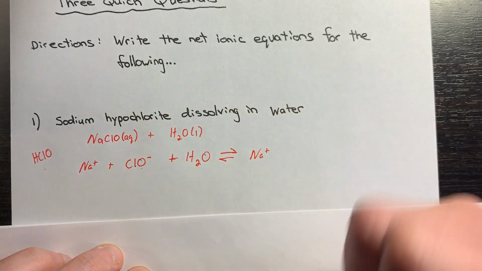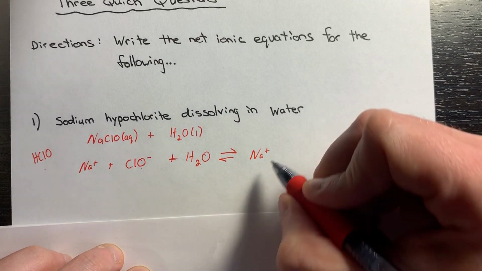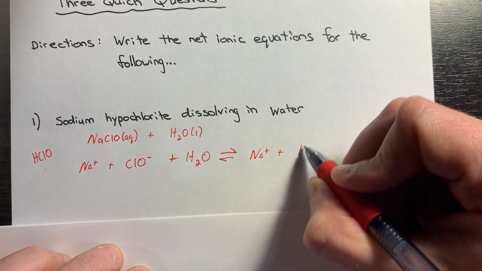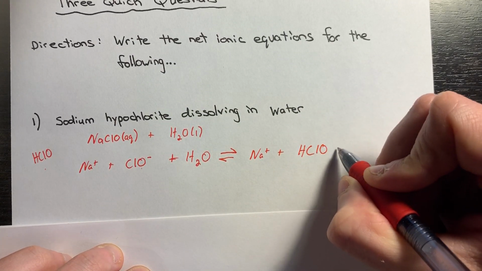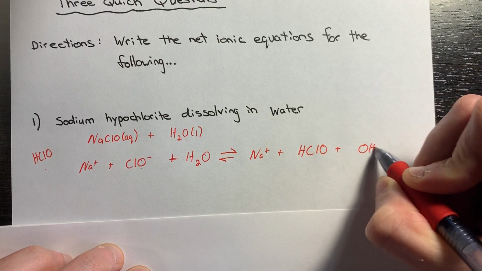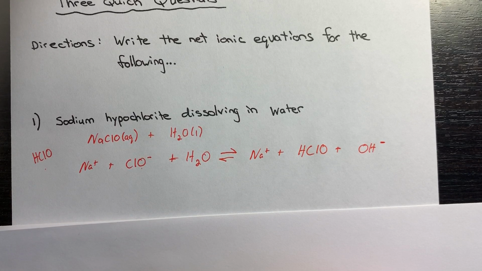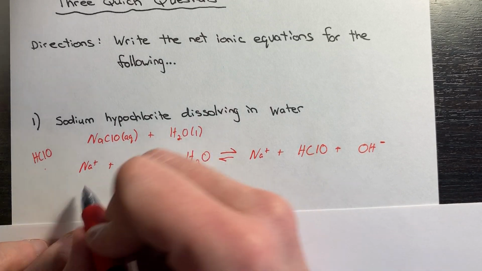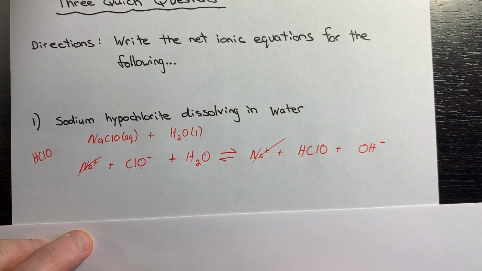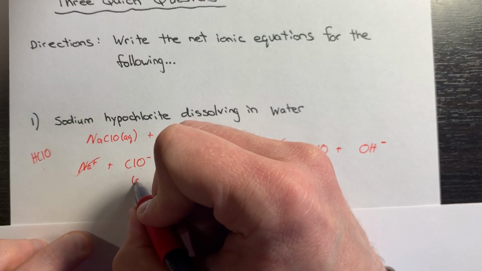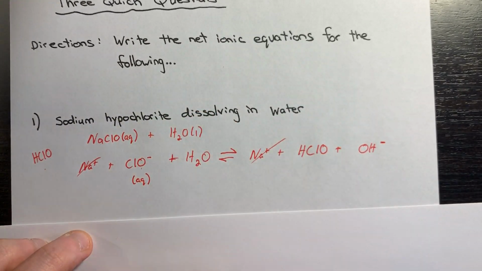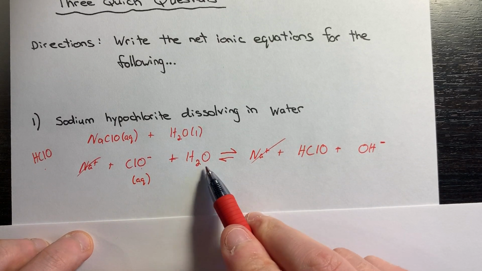And doing so, we'll still have our sodium kind of chilling. This ClO minus is going to actually pick up a hydrogen, so we'll say HClO, and then we have our deprotonated form of water, which at this point is just hydroxide. So what we find, working towards that net ionic, is that we can cancel out sodium on both sides, and we are left with the hypochlorite ion, aqueous, plus a water molecule.